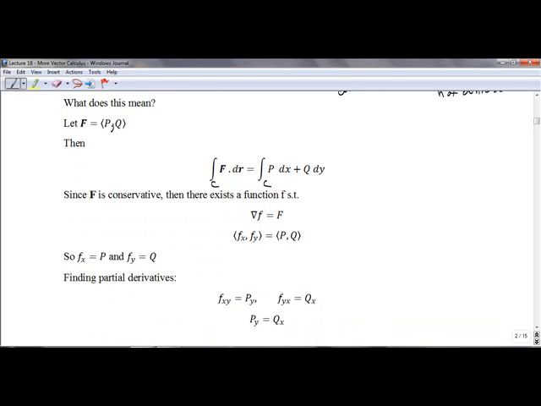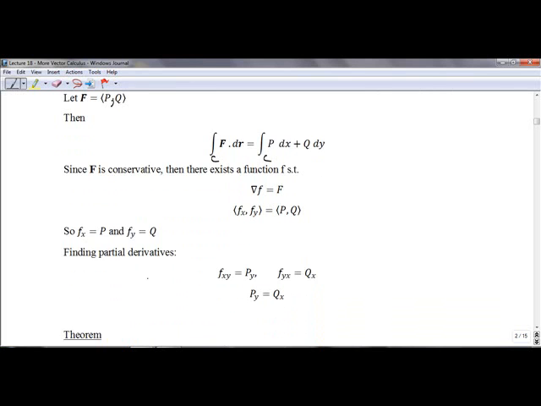Remember, the vector field is continuous, so we can find second partials, and if you remember from a long time ago, fxy and fyx are equal if there is continuity. So fxy is the partial of P with respect to y, and fyx is the partial of Q with respect to x. They are the same, so therefore the partial of P with respect to y is equal to the partial of Q with respect to x.